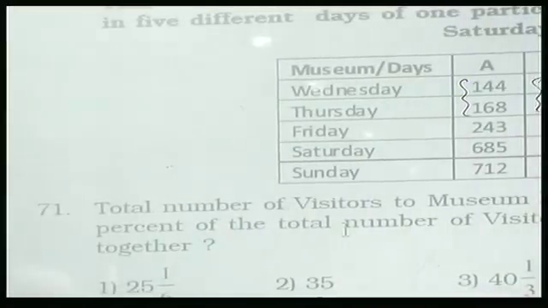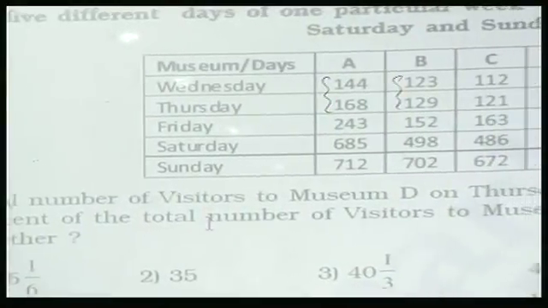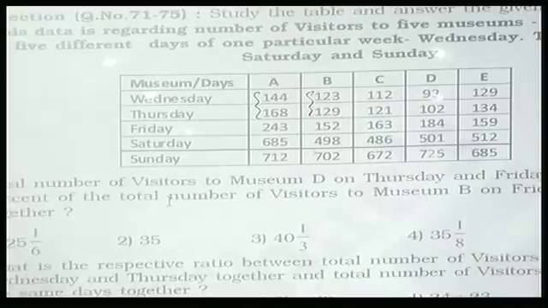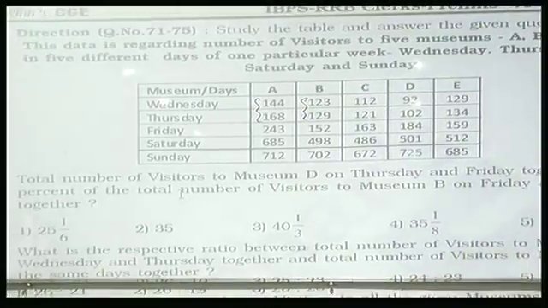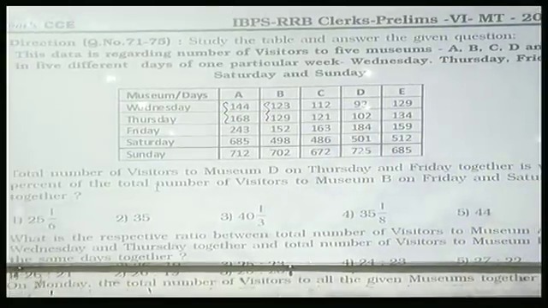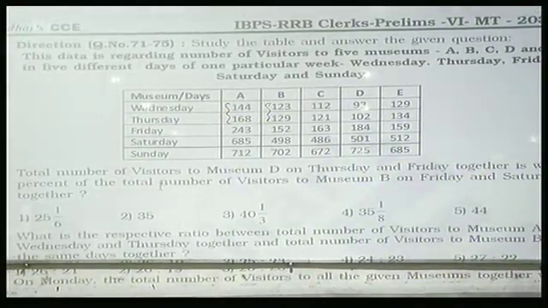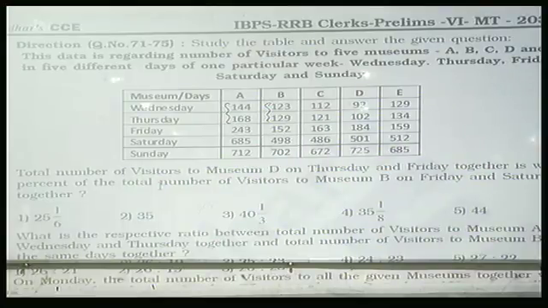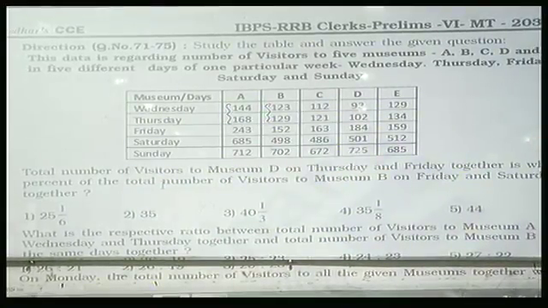Next. 73. On Monday, the total number of visitors to all the given museums together was 25% more than that on Sunday. What was the total number of visitors to all the museums together on Monday? Right, that will be 25% more than that.